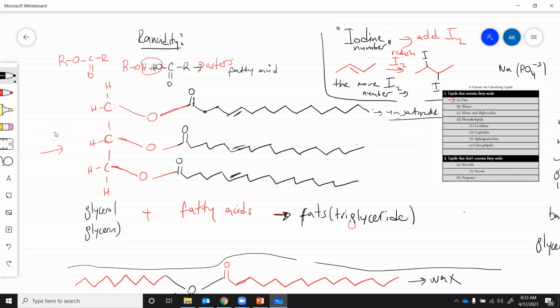Okay, and it turns out that if you have a double bond in the fatty acids, it's going to have a big effect on the structure of the molecule. As you can see here, we didn't cover this in organic chemistry when we were doing the alkenes, because we don't have that much time.